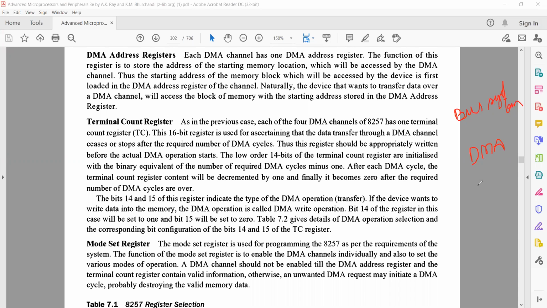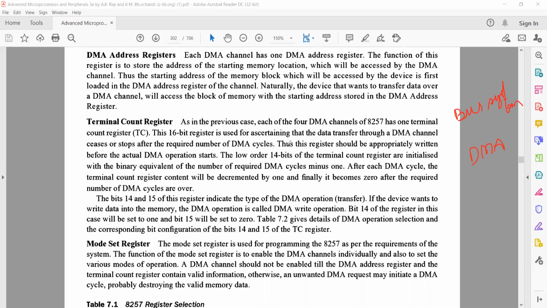The CPU will also have specific functions that have to be performed using the bus system. So for how much time do we have to hand over the bus system to the DMA controller? That is decided by what is loaded in the terminal count register.